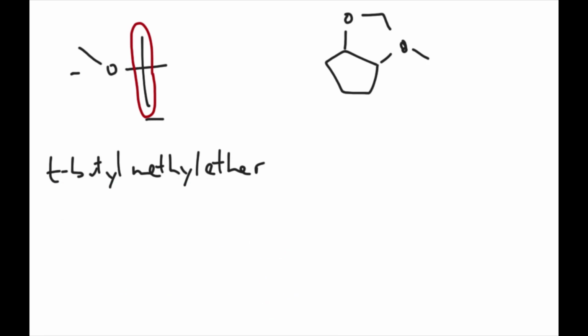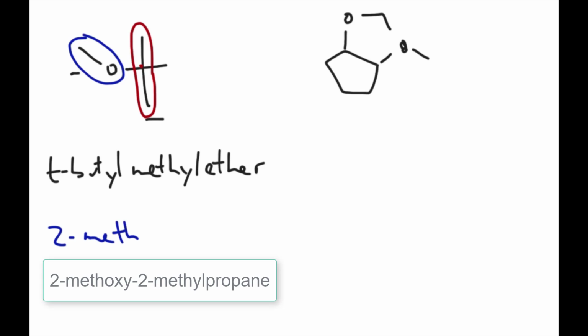This is the longest carbon chain. It's a propane. So on the propane at the 2 position, at the 2 carbon, is a methoxy. So there's a 2-methoxy. There's also a 2-methyl. And it is a propane.